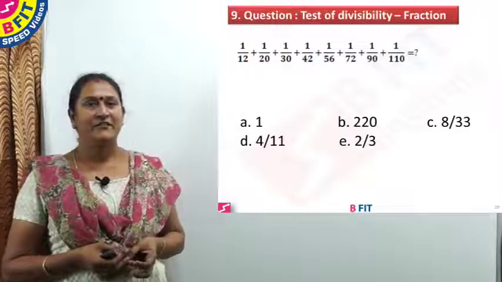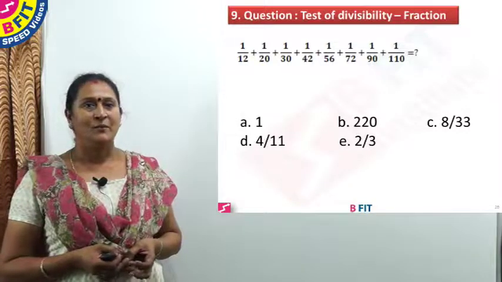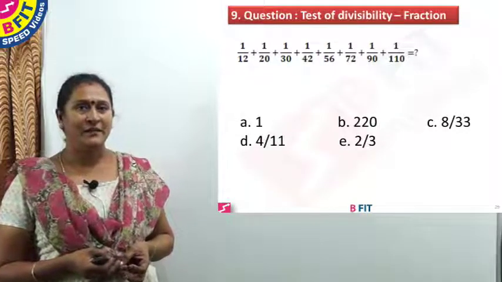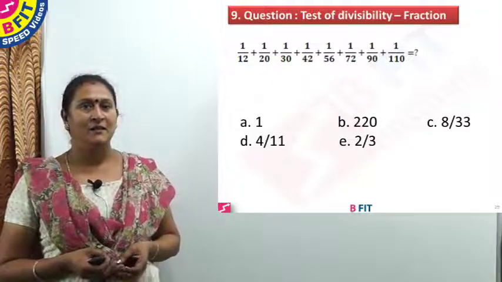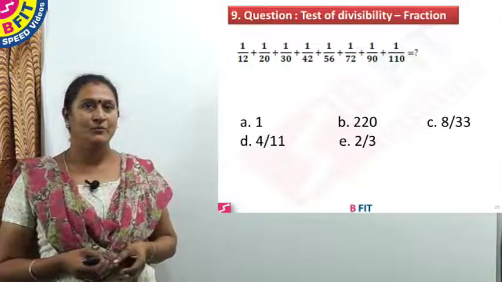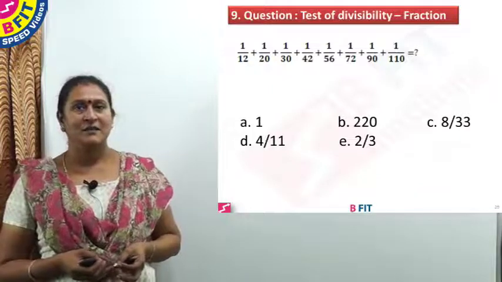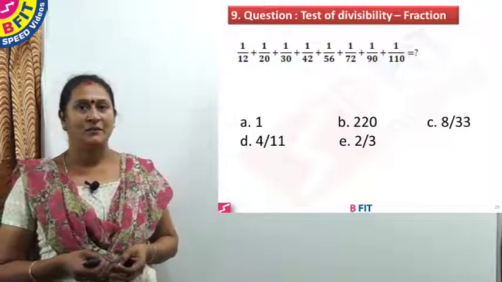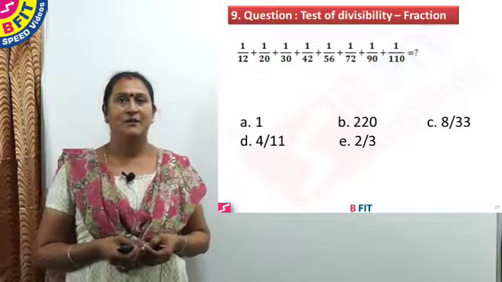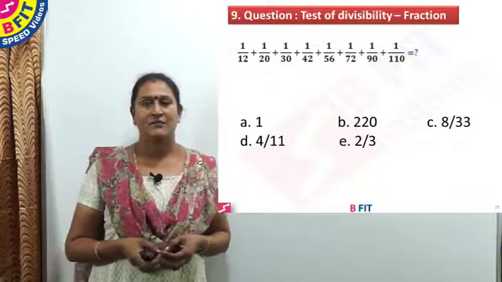Simplify the fractions 1 by 12 plus 1 by 20 plus 1 by 30 plus 1 by 42 plus 1 by 56 plus 1 by 72 plus 1 by 90 plus 1 by 110. So we'll see the working.